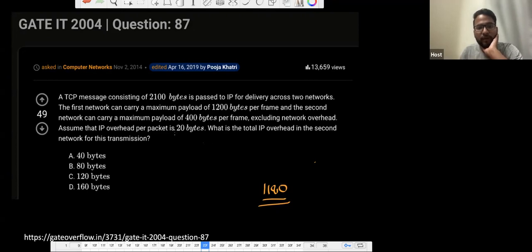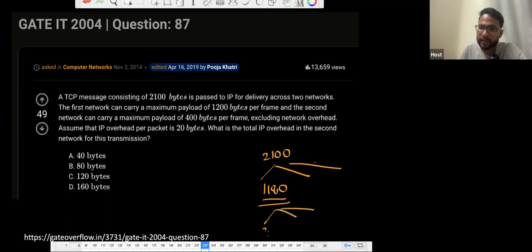You have 1180, and this many bytes are passed to IP for delivery. So this is the actual data. This 2100 you have to divide by 1180, and then this 1180 should be divided again by 380. Just try it for a minute and then I will solve it.